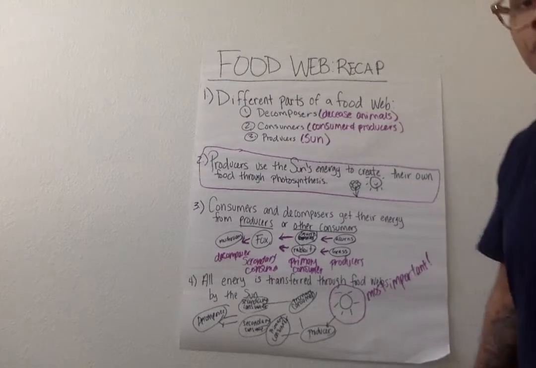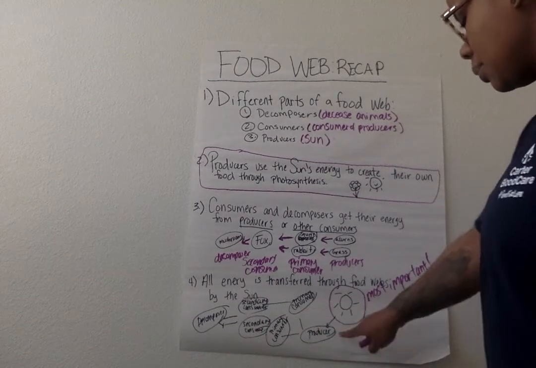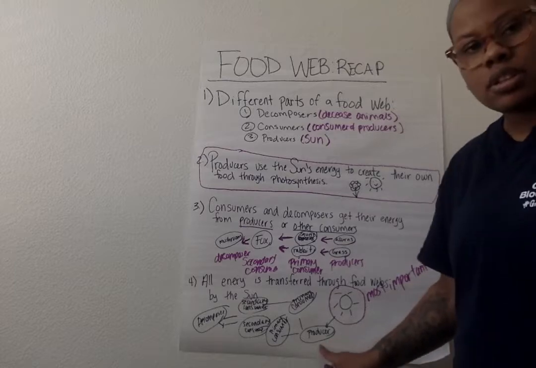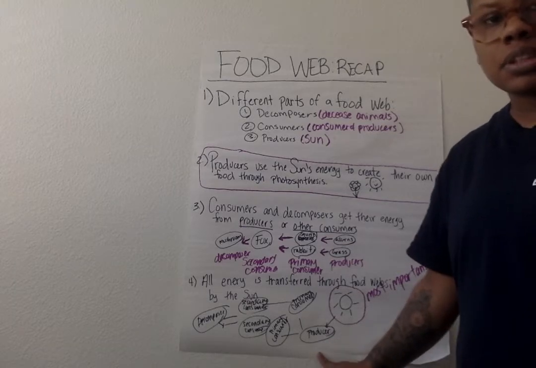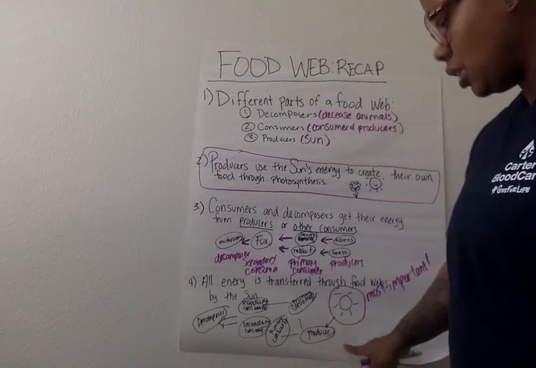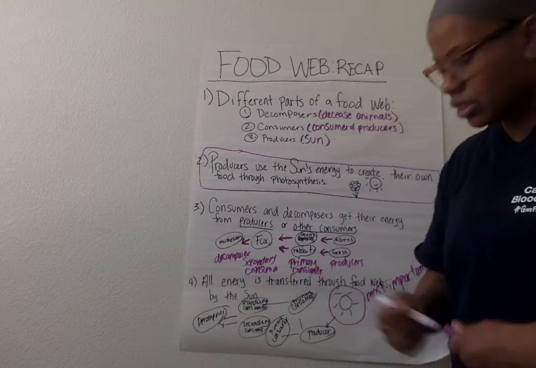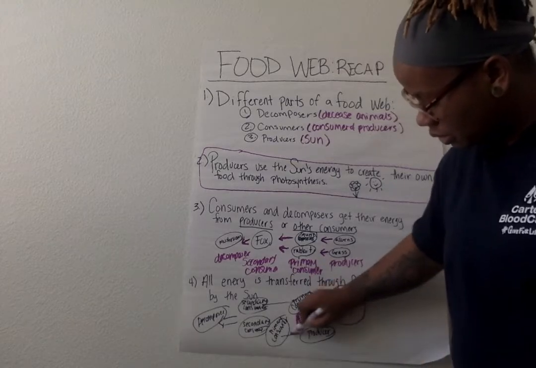Because in order for the food web again to flow, there has to be producers. Because in order for there to be producers, then there will be our primary consumers, our secondary consumers, and our decomposers. And I'll make the arrows.